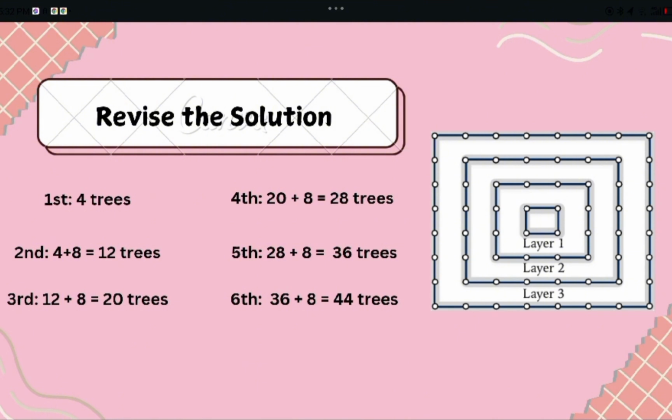In the fourth, 20, we add 8 again. It becomes 28 trees. We add 8 again. It becomes 36 trees. And in the sixth layer, we have 36, we add 8 again. So it becomes 44 in total.